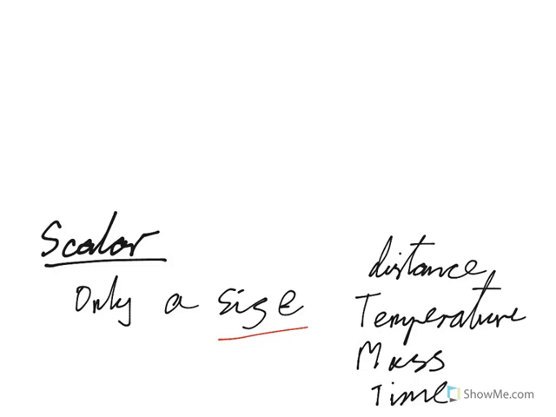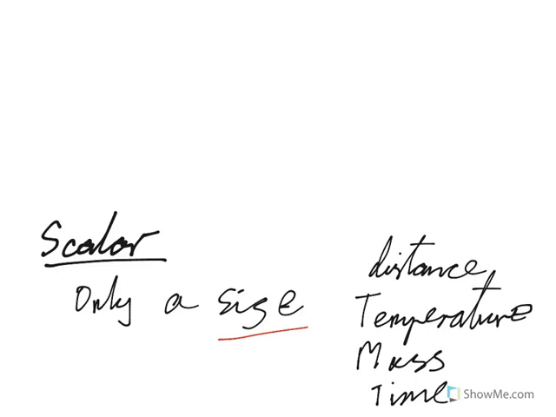Vectors, on the other hand, have a size, but they also have a direction as well. For things like scalars, if you put a direction on there, it doesn't make sense. Like temperature, 15 degrees Celsius. If you say 15 degrees Celsius west, that makes no sense.